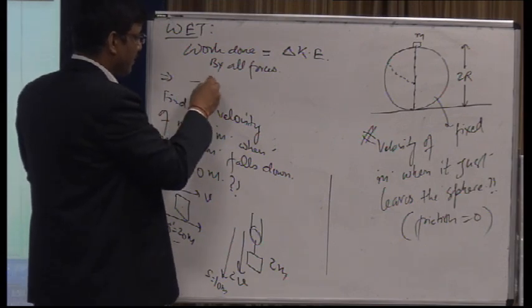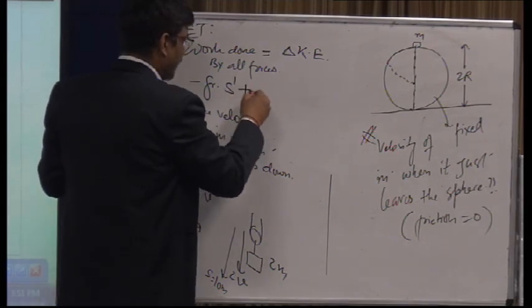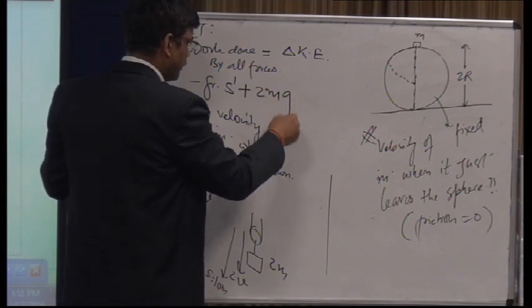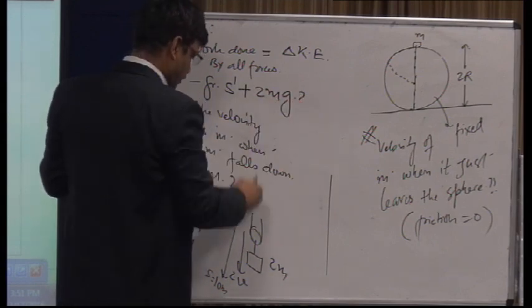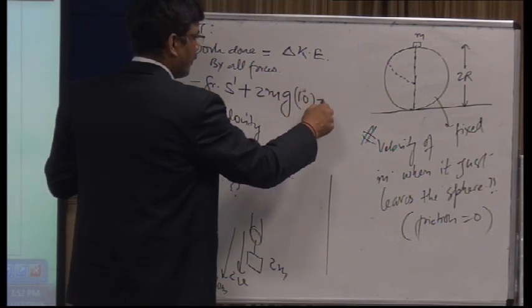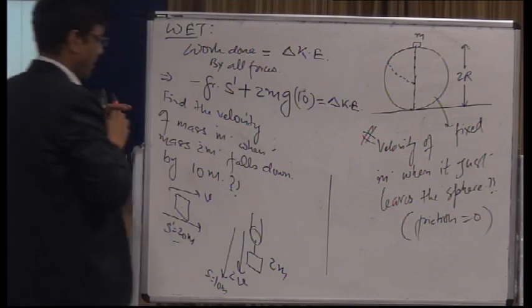Work done by friction will be frictional force into displacement, which is S dash. Work done by gravity will be, this is going down, so 2mg into, as I told, this is going down by 10 meter, so displacement is 10, which is equal to change in kinetic energy.